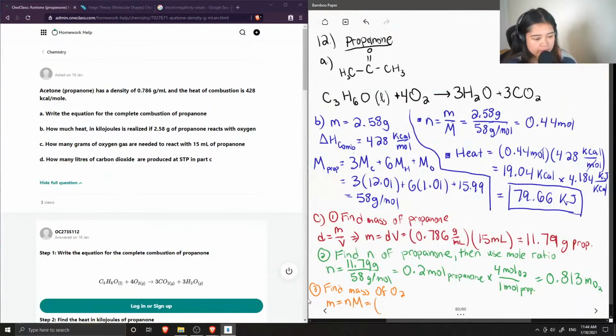The number of moles we found in the previous step to be 0.813 moles. And the molar mass of O2 is 32 grams per mole. So we get a final mass of 26 grams of oxygen needed.